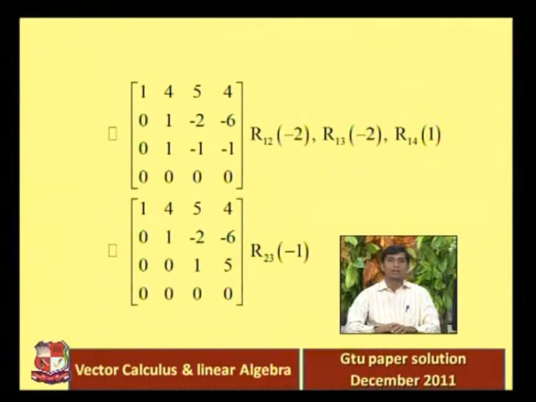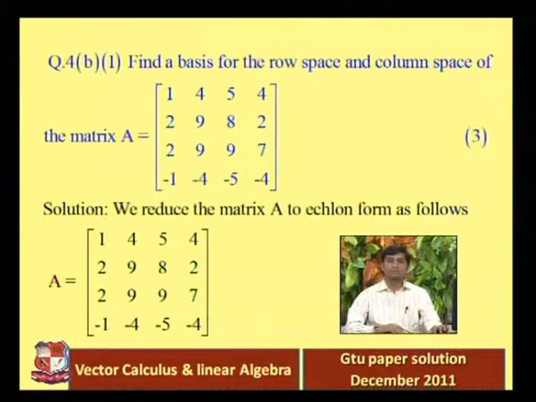Okay, now we multiply the first row with -2 and add into the third row also, right? So in this matrix, you can see on the screen, we multiply the first row with -2 and add into the third row. So the third row becomes 2 - 2 = 0, 9 - 8 = 1, 9 - 10, that is -1, and 7 - 8, that is -1.